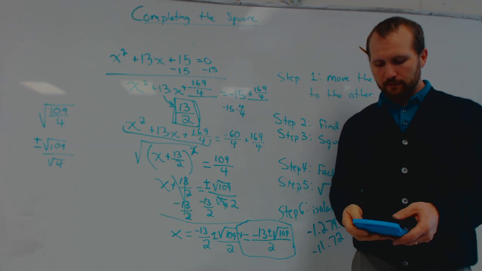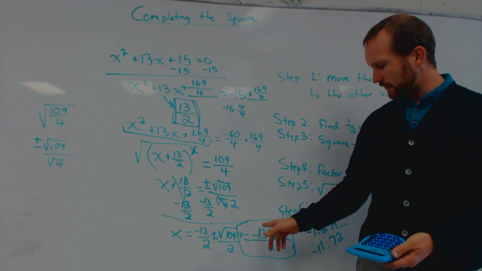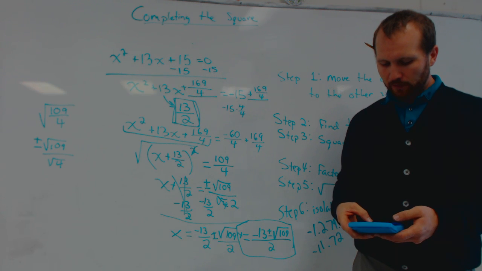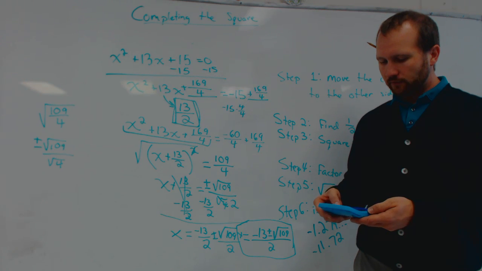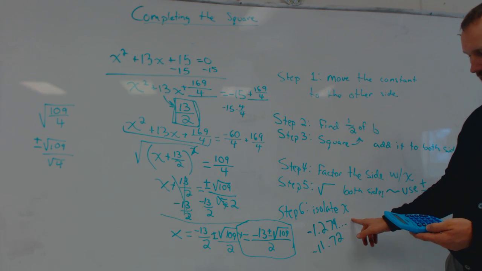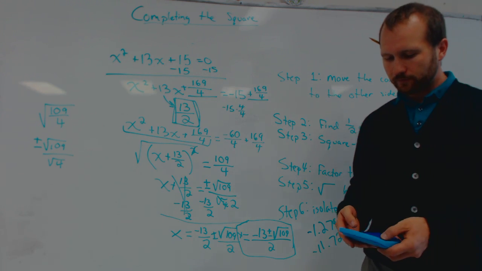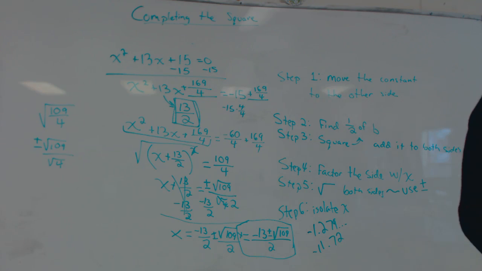You'd have to say 109 square root, then plus negative 13, and then divide that by 2, and I get 1.27984675. Or I could do the same thing and I would get that. All right, guys.